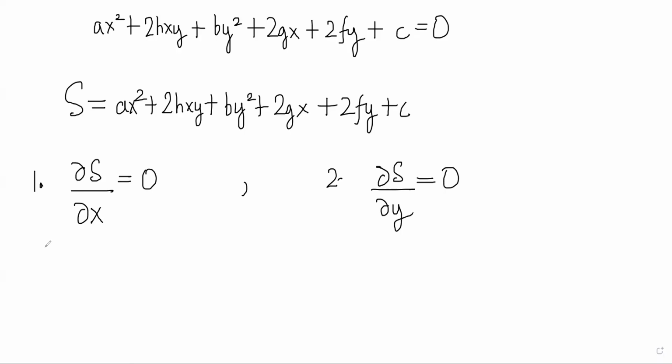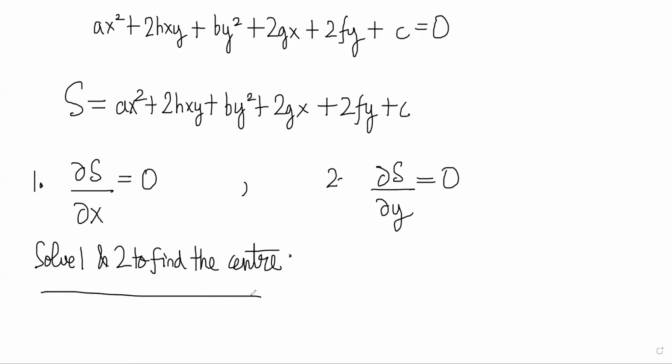And you have to solve equations 1 and 2 to find the center. So what does this mean? First of all, how do I find partial derivatives? When I say partial derivative with respect to x, I'm going to assume that y is a constant, and our differentiation is only over the S terms.